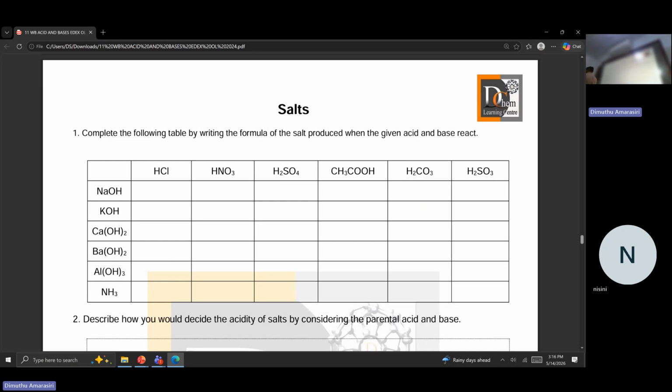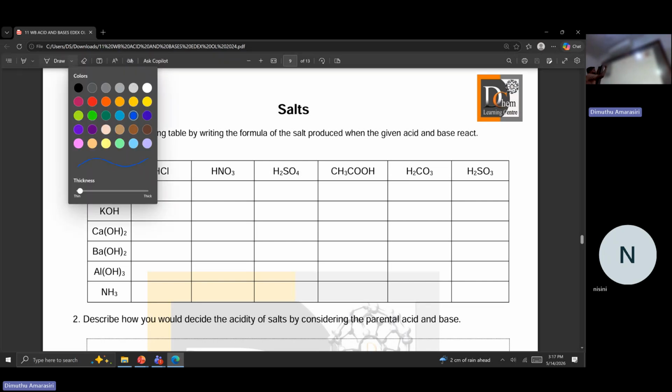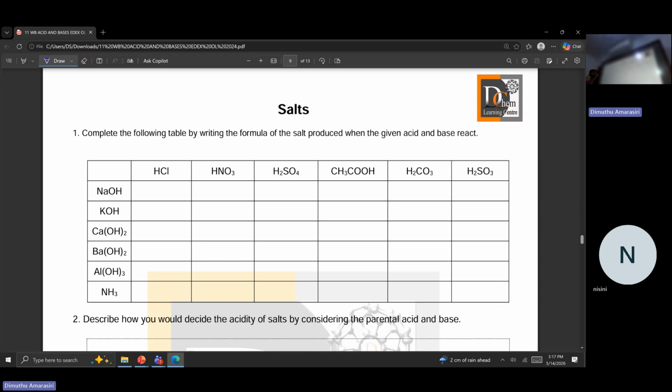That's our main objective of today's lesson, and it will be a very important part of your syllabus as well. So to make sure that you are familiar with the salts, let's quickly go through salt formation, and I will do a few of them for you to get an idea.